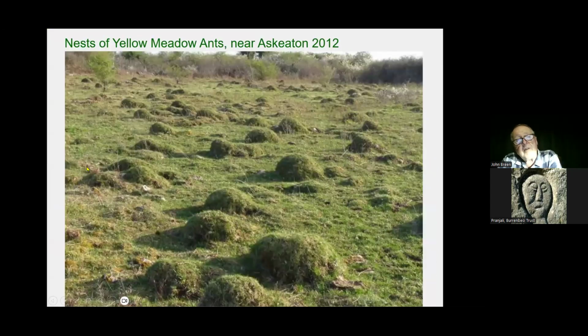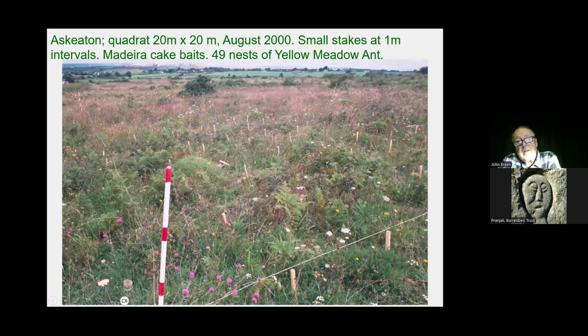Back to the Borragone site near Askeaton, and these are the nests, the mound nests of the yellow meadow ants. And this was one study that we did, that I was involved with around 2000, with a man called Thomas Murray. And this is a 20 by 20 square meter quadrat.